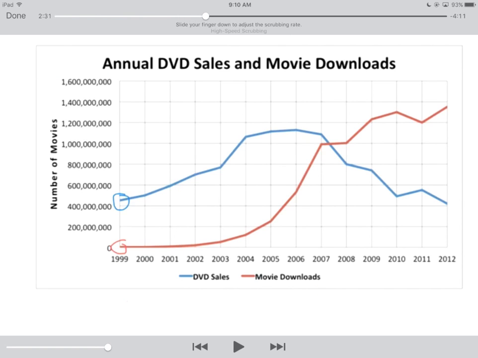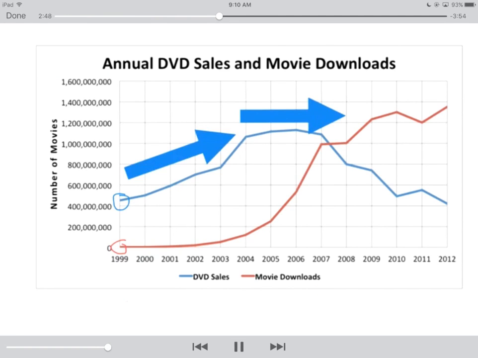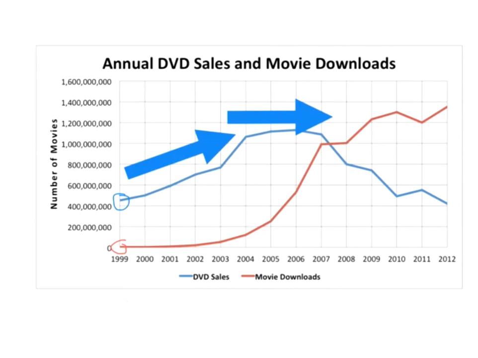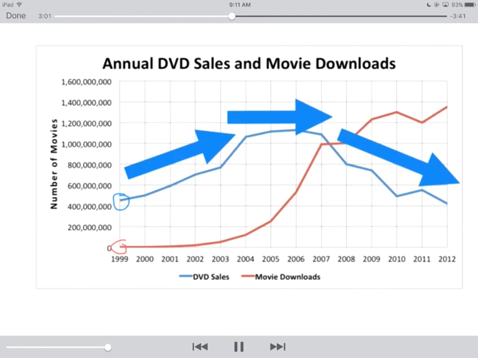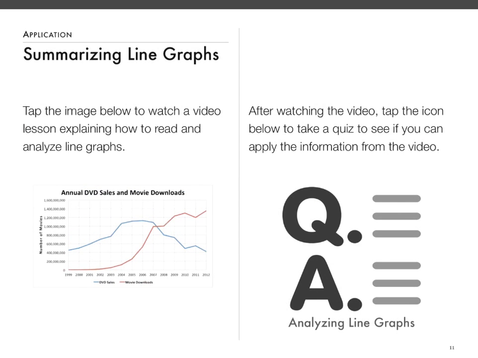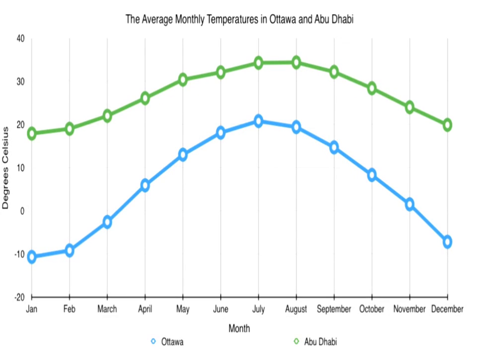I used the video pointer and also various annotations. So this helps the students to understand how to analyze a line graph, where their eyes should move when looking at a line graph to gather the information they need quickly and efficiently.